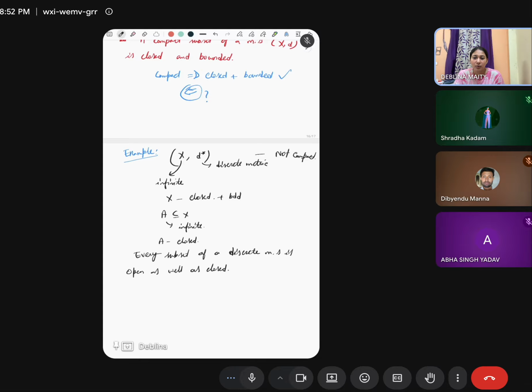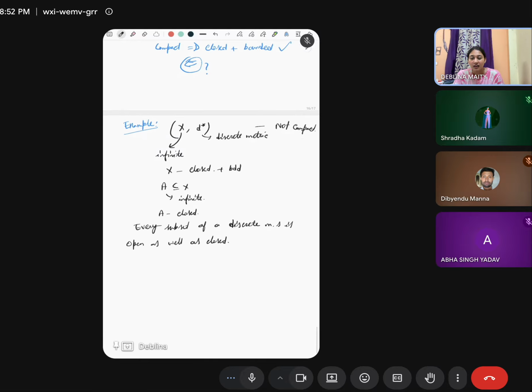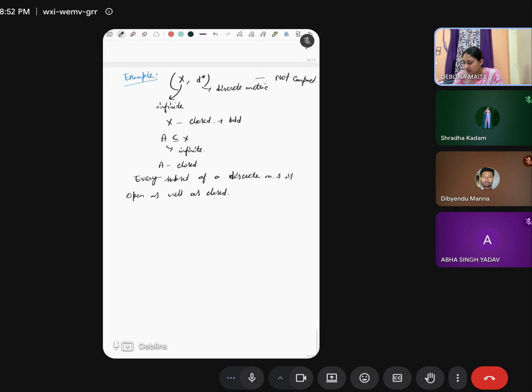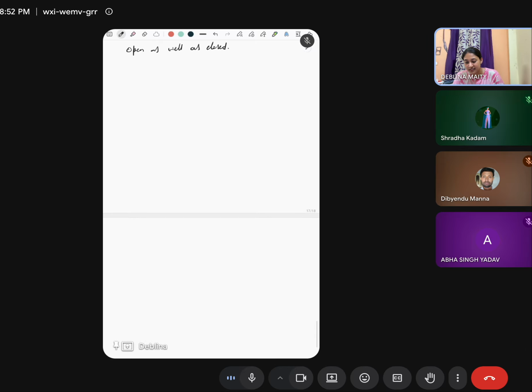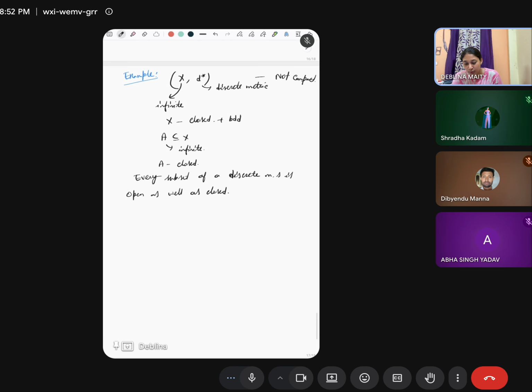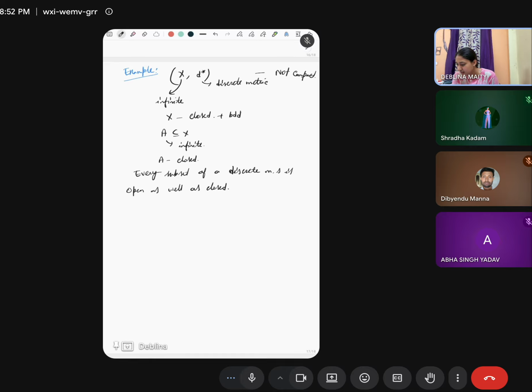Closed means the whole space minus an open set, right? So every subset is closed, so it is closed plus bounded, but it is not compact, right?